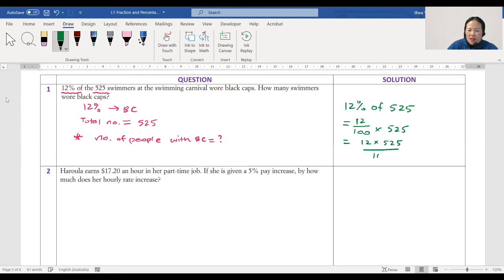I mean, you don't really need this part if you're going to use a calculator. Okay, so this one I will just use a calculator because it's a bigger number. If you do that, you'll get 63 people. There were 63 people wearing black caps. Okay, so that's my answer. Let's have a look at the next question.